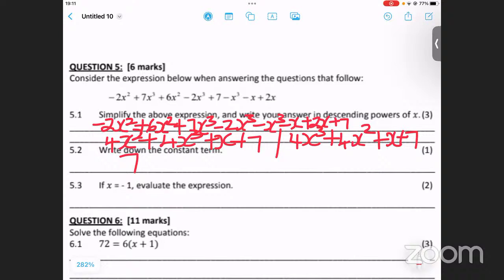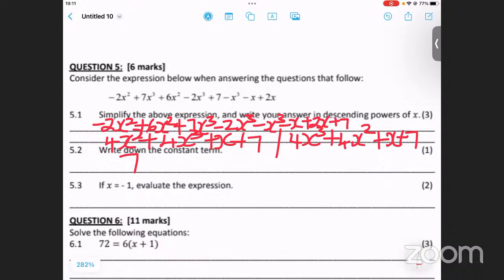Let's move to 5.3. 5.3 says, if x is equal to -1, evaluate the expression. Do we have somebody, not to answer, but who has an idea of what they want us to do here? Ma'am, I think they say we have to replace all the x's with -1.